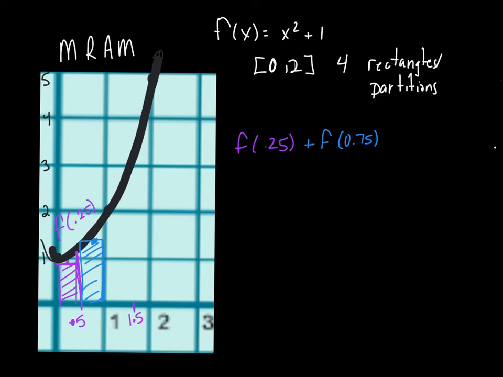And then the next one is halfway between 1 and 1.5, which is 1.25, and that's the rectangle I want for here.